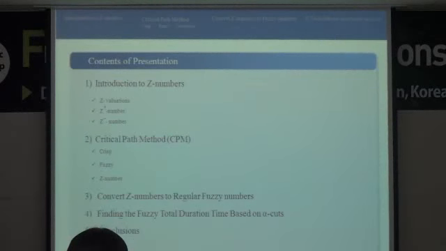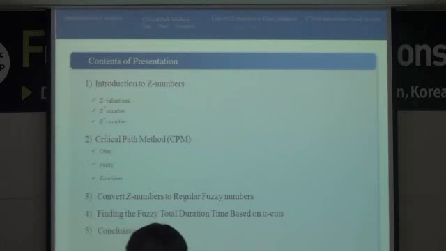And I applied this concept to my field, actually project management, and a practical method to determining the final project time, which is critical path method. I will show the calculation of calculating critical CPM, critical path method in crisp, fuzzy, and also Z numbers environments.